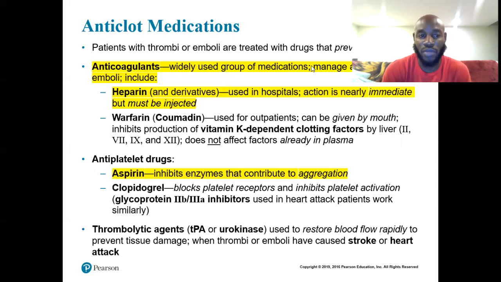It breaks up blood clots. They give it to people for different things that could potentially cause blood clots. Aspirin is an antiplatelet drug; it inhibits enzymes that contribute to aggregation of your platelets, so your platelets don't clump together. Aspirin can help with that.